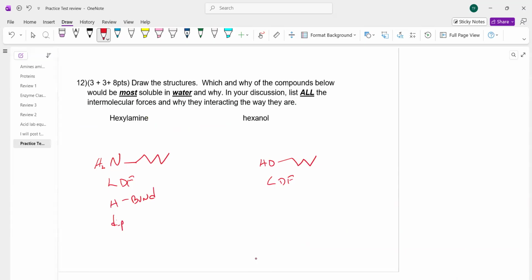And dipole-dipole, H bonding, dipole-dipole. Okay, so water is very polar.